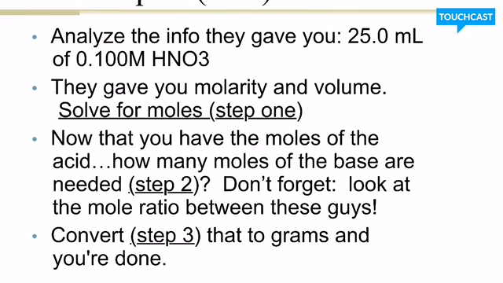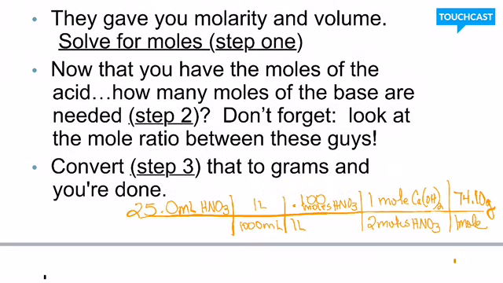Don't forget to look back at your balanced reaction. Now, once you get your mole-mole ratio figured out between the reactants, you can do one last step. Convert that mole of the base now into the mass, and then you're done.